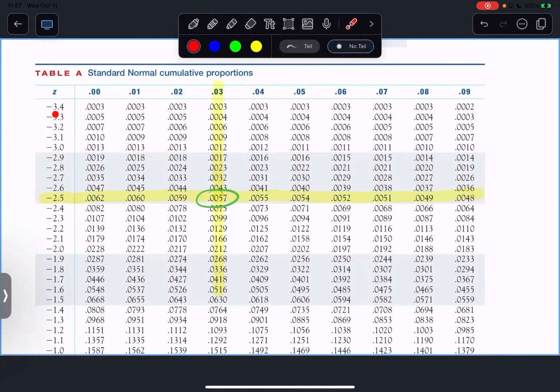At negative 3.49, the area to the left of that is 0.0002. That's really small, right? How about if you reach something more extreme than that, more into the tail than that? You can just say the probability is less than 0.0002, right?